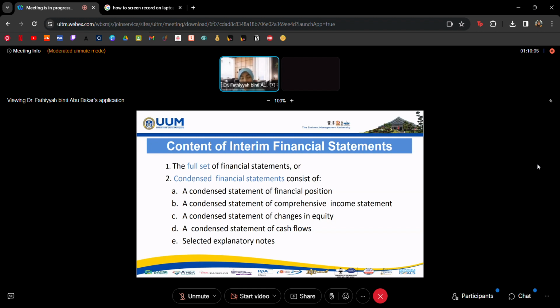Or you can prepare the full set, meaning you disclose assets, liabilities, in full format. You have an option, and usually companies prefer the full set. You have to prepare the full set for year end, right? You have the format and you just provide the data, extracted from your transaction records or your software.